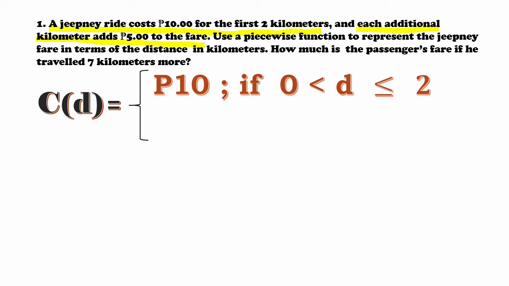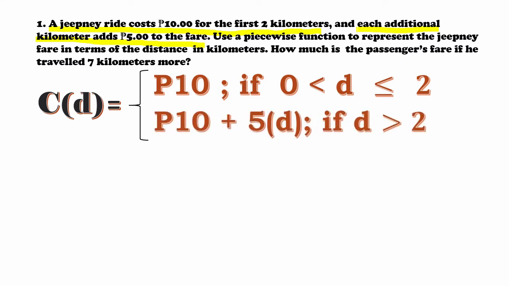The second piece of function is in this part. So according to this, each additional kilometer adds 5 pesos to the fare. So adding 5 pesos to 10 pesos times the distance traveled more than 2 kilometers is equal to 10 plus 5 times D, or the distance traveled.